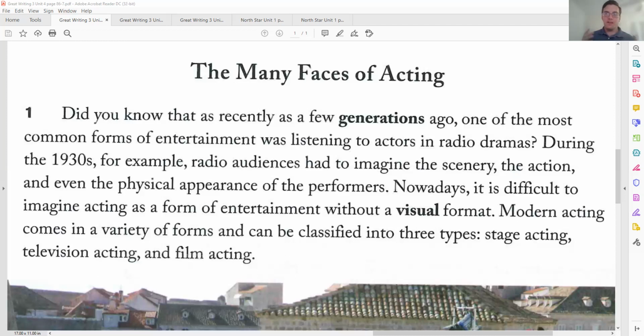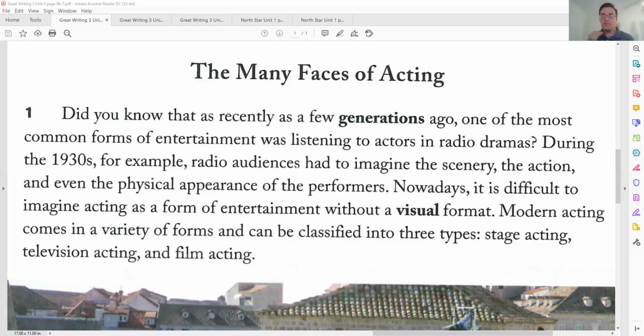That's my topic, is acting. So we want to introduce that topic. We want to try to get the readers interested in reading our essay, and we give a little background information, a little history about acting. So here they talk about acting for radio and using voice acting over the radio in the 1930s.